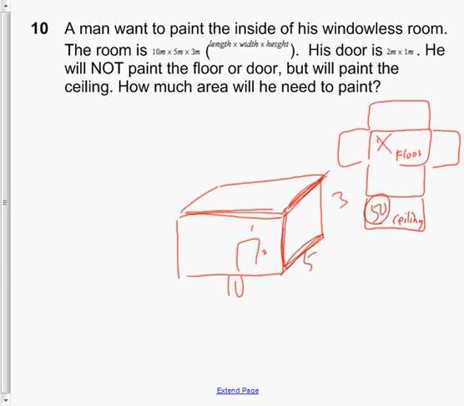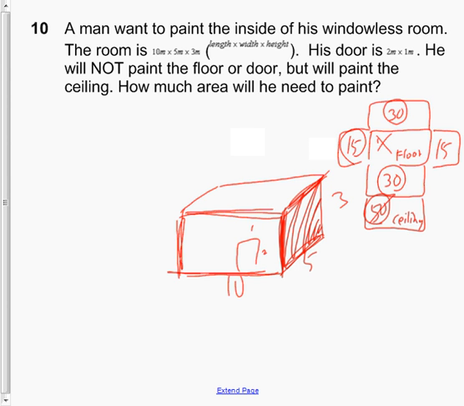Now this front wall that I am going to paint is 3 this way and 10 this way. So it's 30. And the opposite wall at the back of that room is also going to be 30. What about the side wall here? It is 5 by 3, which is 15. And this is 15. So what I'm going to paint is going to be all of these numbers added together.